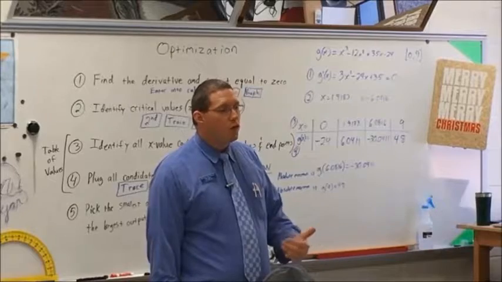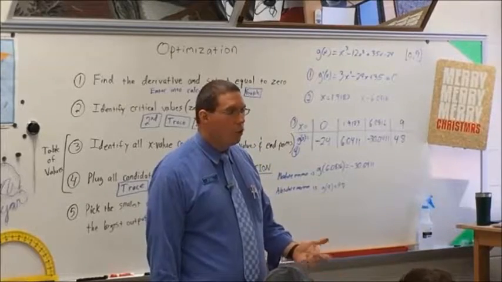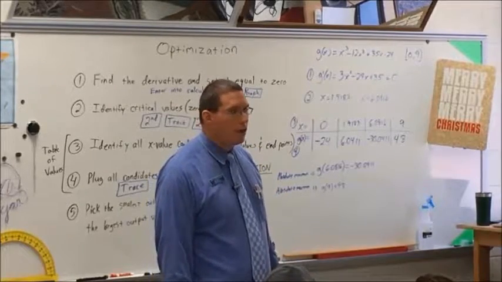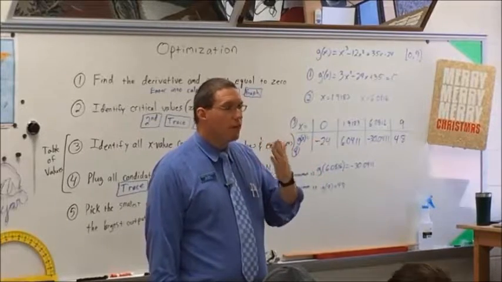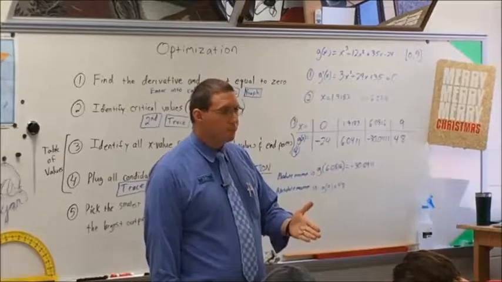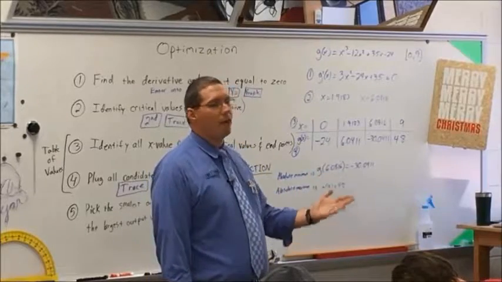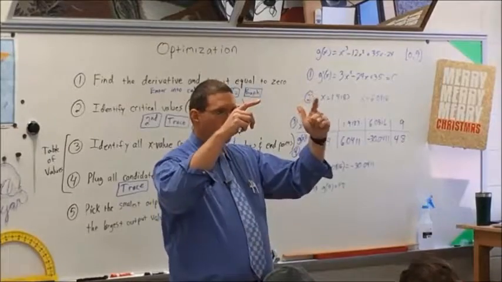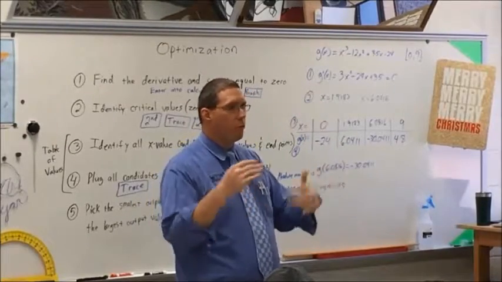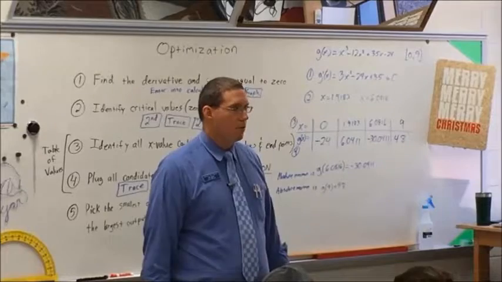Now, these questions can get harder. The way that these questions get harder is if you're given a real life situation. You have a flat piece of cardboard. You're cutting squares out of the corners, and you're going to fold the sides up to make a box.